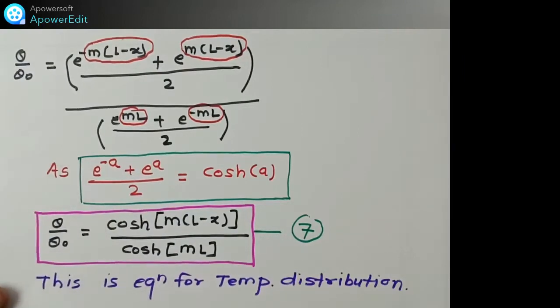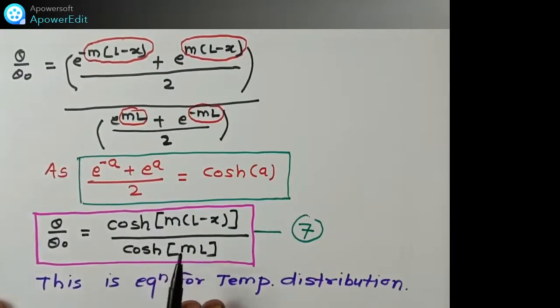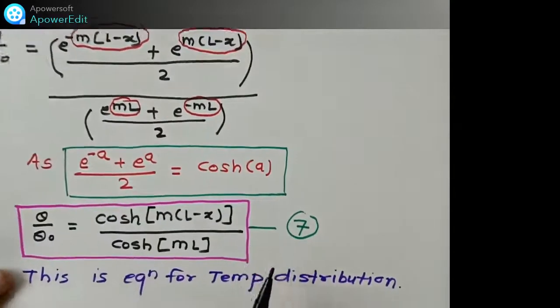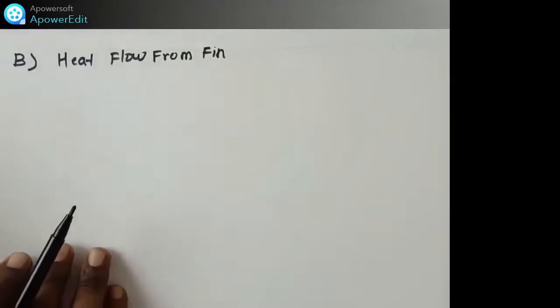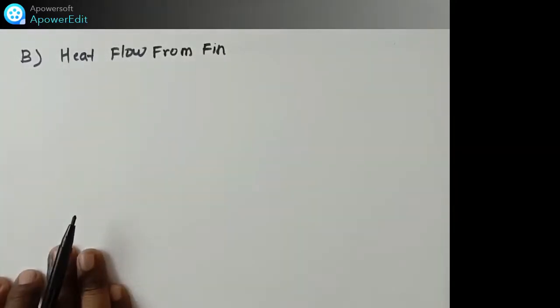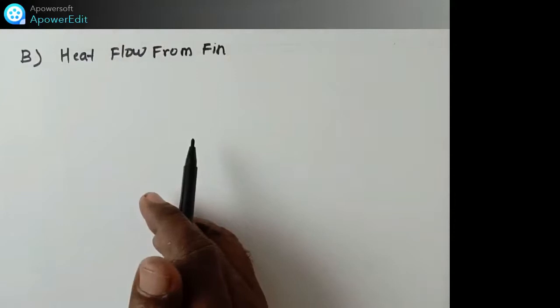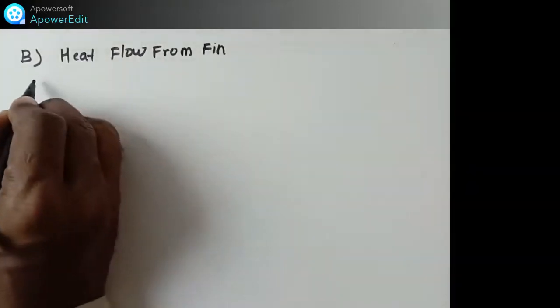Now this is part A, the boundary condition for temperature distribution. Now part B is heat flow rate from the fin. So for that we will proceed to the further equation, heat flow rate from fin.